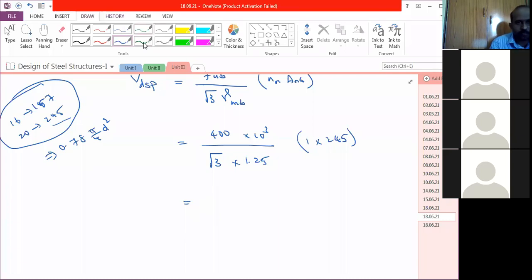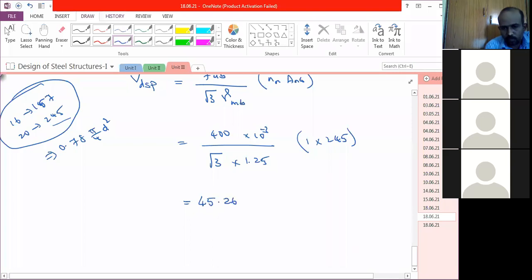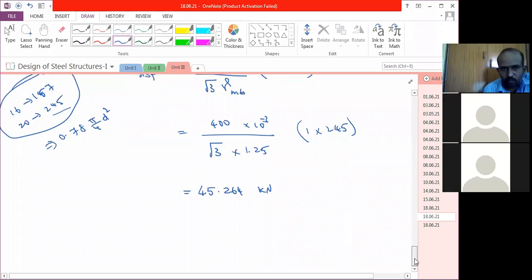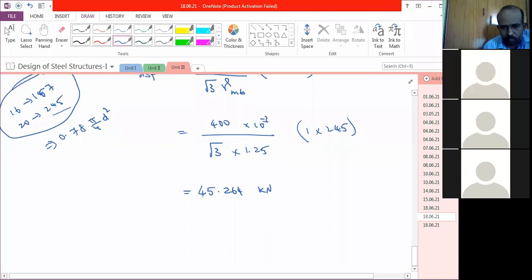Everybody is working with the same; 10 power minus 3. The answer is 45.264 kilonewton, right? Because it is in Newton, multiplying with 10 power minus 3 it will be kilonewton. So one bolt strength will be 45.264.